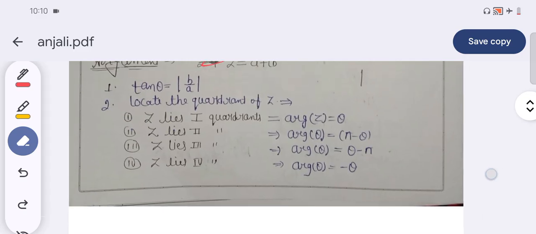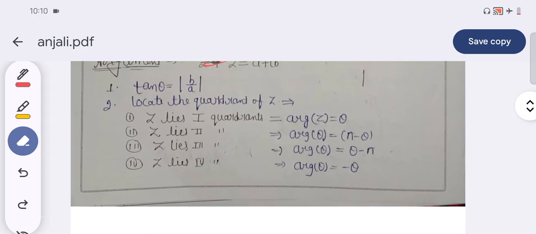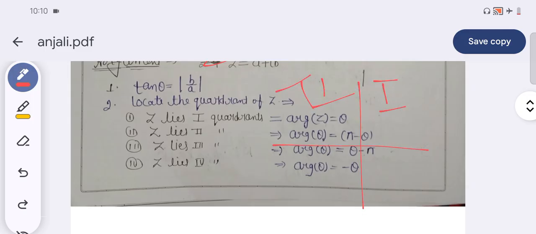Then locate the quadrants of z. How can we locate the complex number in quadrants? Suppose you are given the quadrants: this is the first quadrant, this is the second, this is the third, and this is the fourth. In the first quadrant, the argument of z is theta.